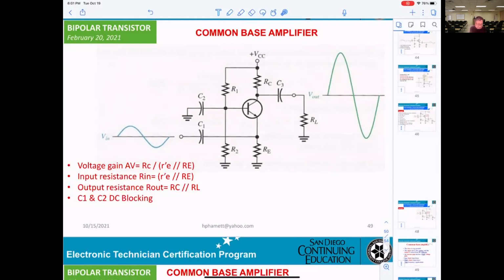Any question up to this point on the common base amplifier?